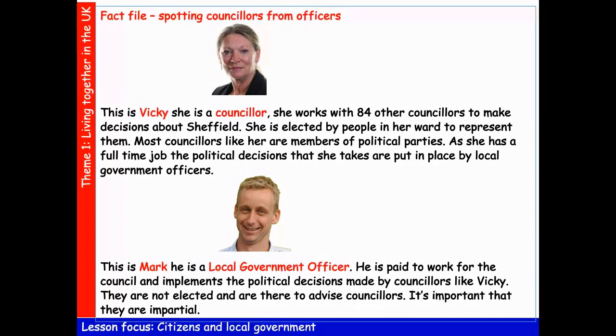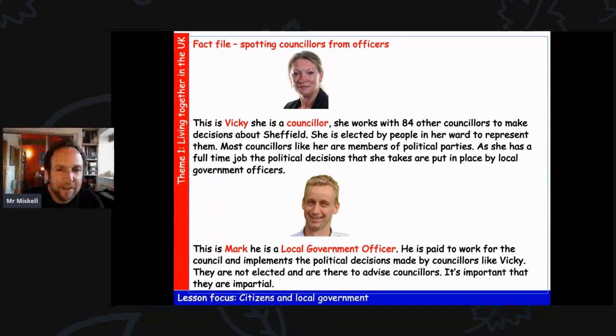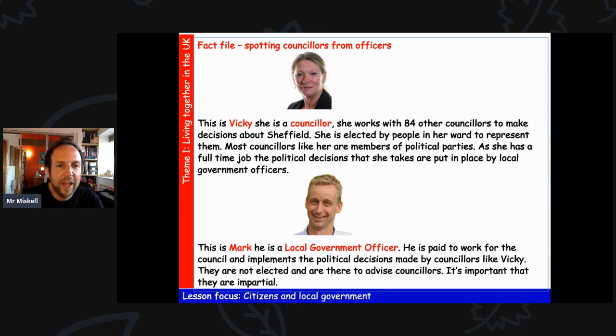They're not elected individuals, which means that usually their jobs last longer than councillors, and they're there to advise councillors on the decisions that are made. And it's important that they are impartial. What we mean by that is that they don't favour one political party or the other.